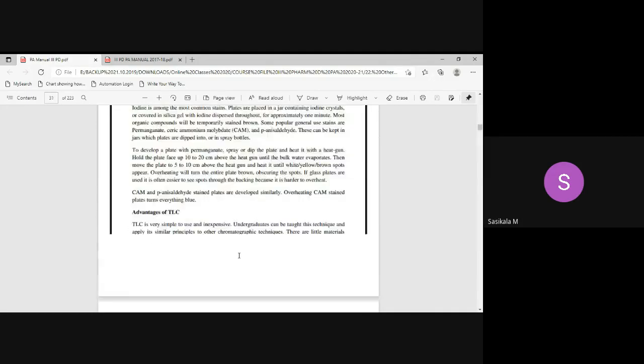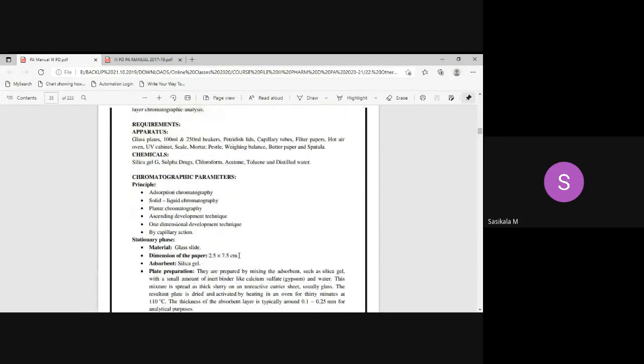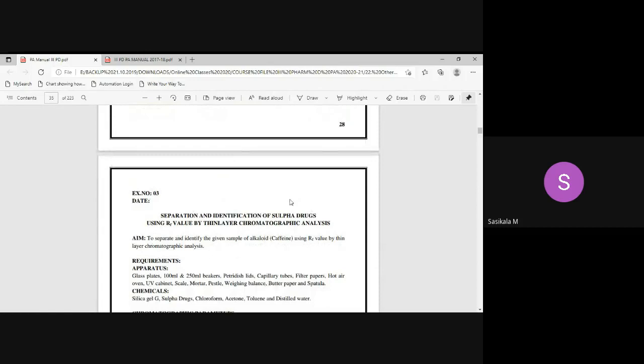This is thin layer chromatographic analysis: separation and identification of sulfur drugs using RF value by thin layer chromatographic analysis. By means of the TLC thin layer technique, you are going to separate sulfur drugs from the sample mixture, and you are going to identify what drug it is by using its RF value.